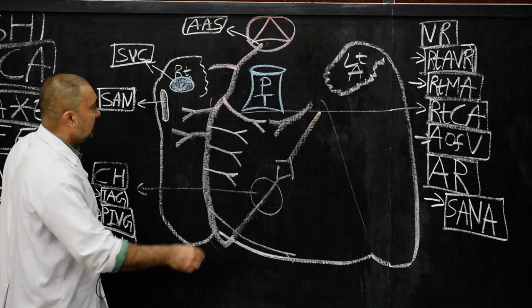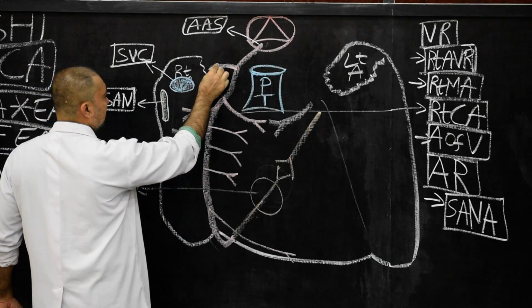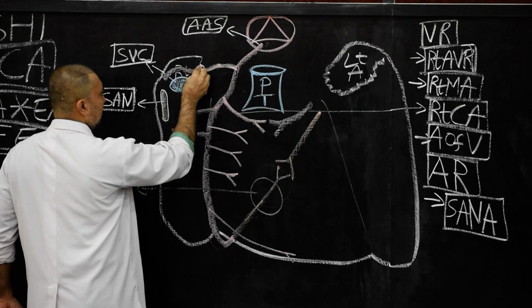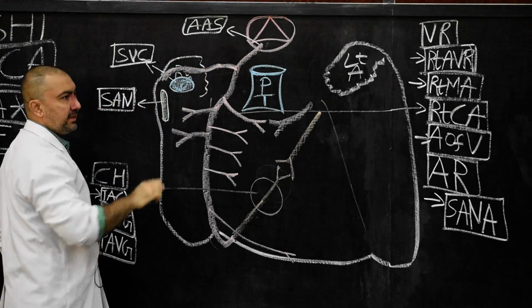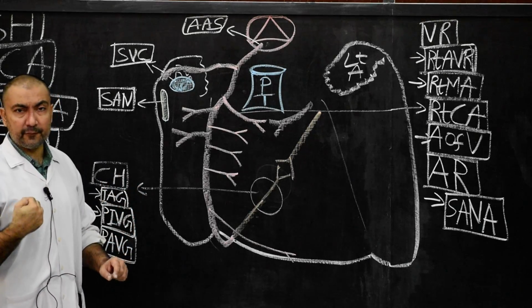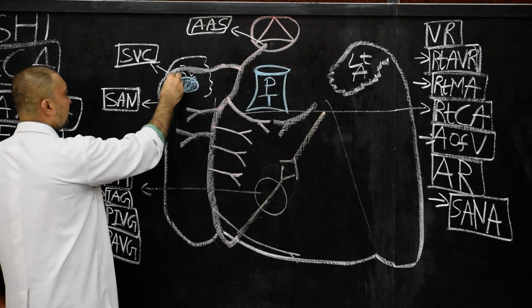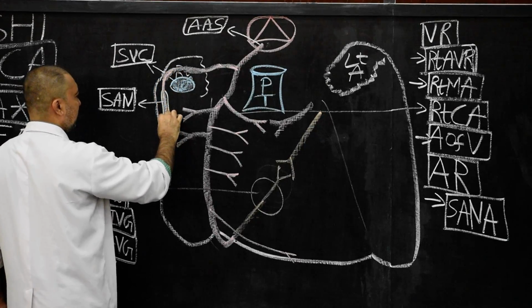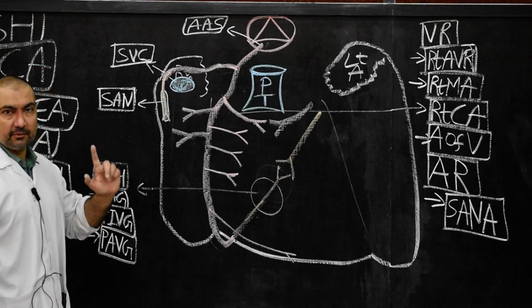And then after taking origin, it will travel in front of superior vena cava. It will cross the superior vena cava laterally in front of it, and then it will pass through the longitudinal axis of SA node and supply SA node.